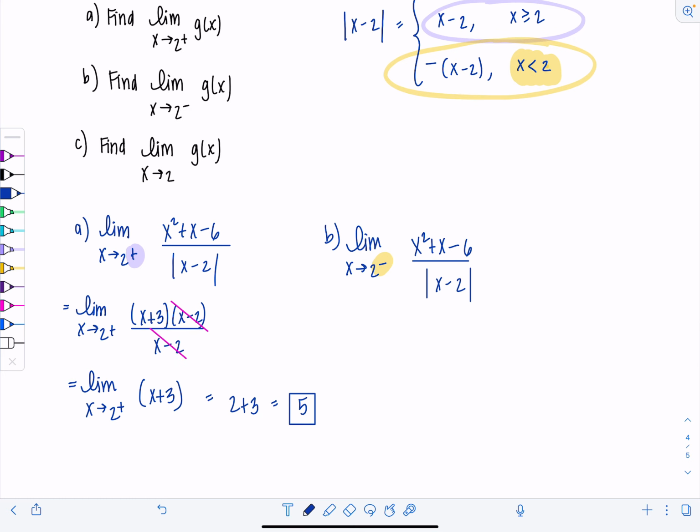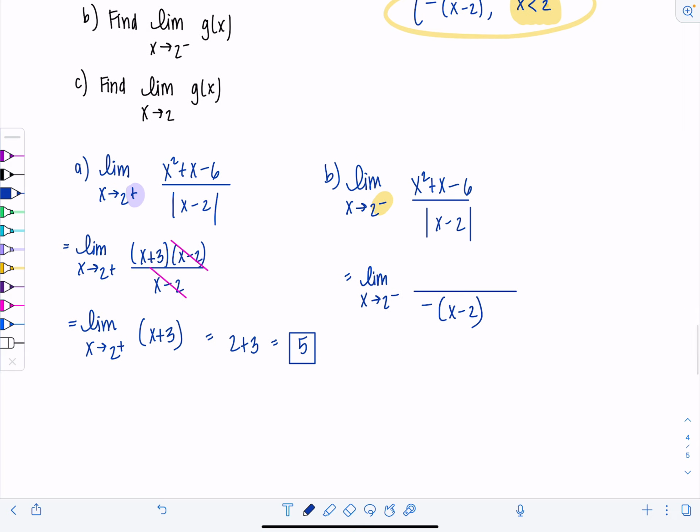All right, great. So we have here the limit as x approaches 2 from the left. I'm going to replace the denominator now with the opposite of x minus 2. Just leave that negative outside the parentheses, okay? Don't distribute it. And then we have the numerator factoring in the same way, x plus 3 times x minus 2. Good. And then we can cancel out that x minus 2 just like last time.